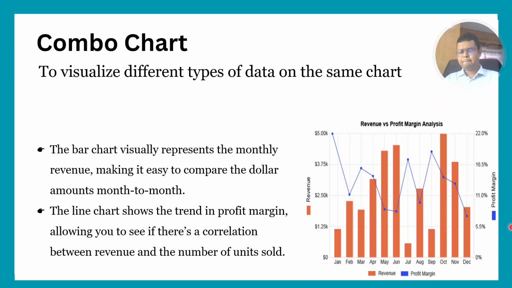But in October, the revenue was too high, but maybe for many reasons, the profit margin was quite low compared to January, right? So in this way, you can create the combo chart when you have multiple investigations, or you would like to present multiple findings in a single chart, right?